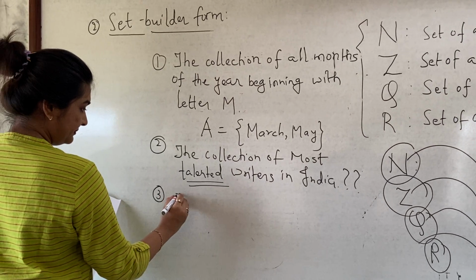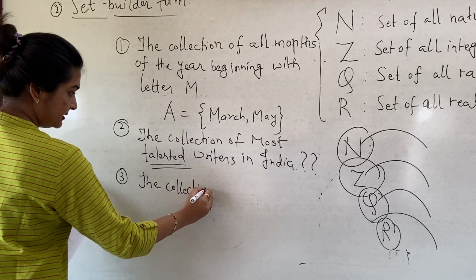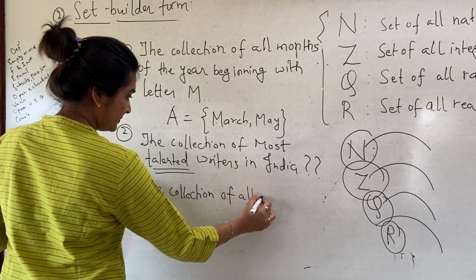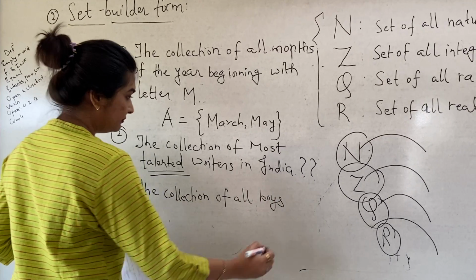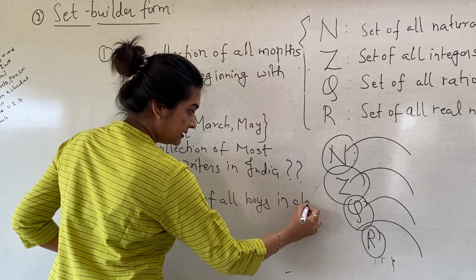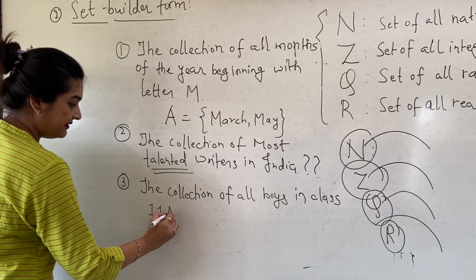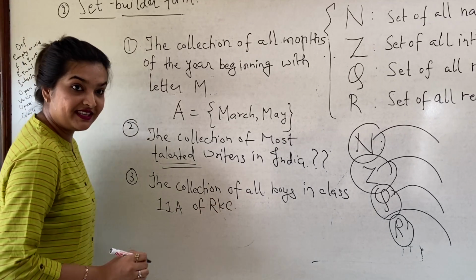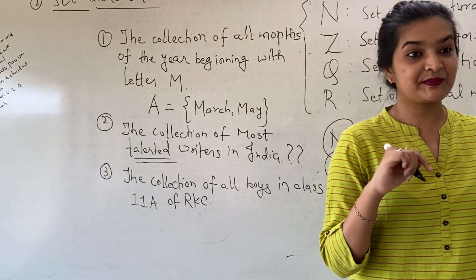Number 3, the collection of all boys in class 11A of RKC. Is this an example of a set?